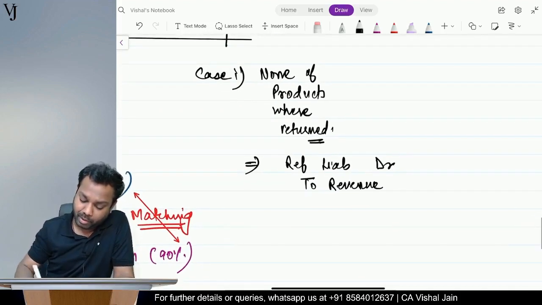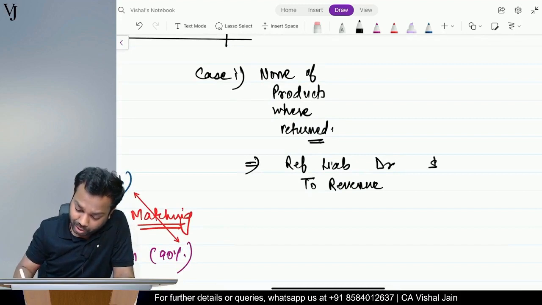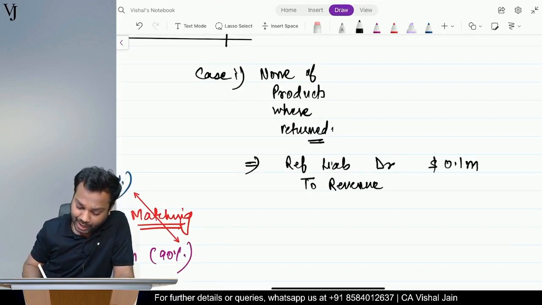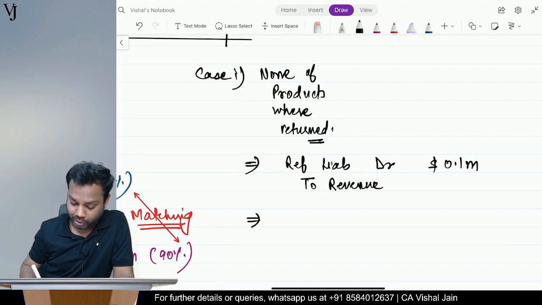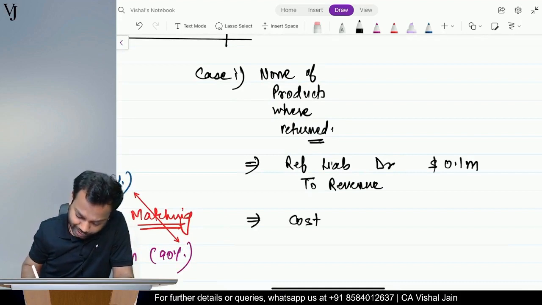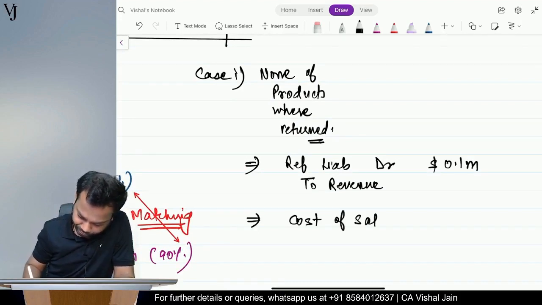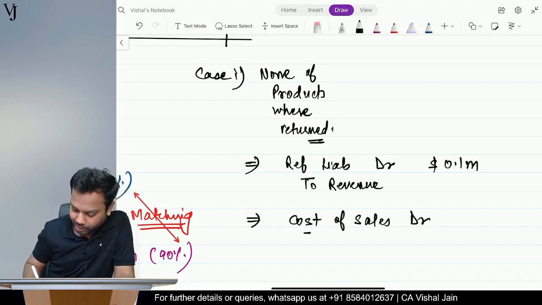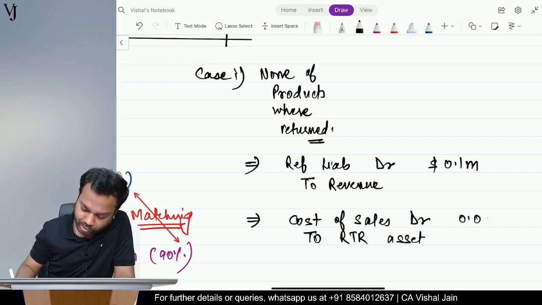What is the amount, guys? Come on, tell me. It will be $0.1 million, and we'll do the same with the cost also, right? So what will we write? Cost of sales account debit to right to return asset. That is 0.06 million.